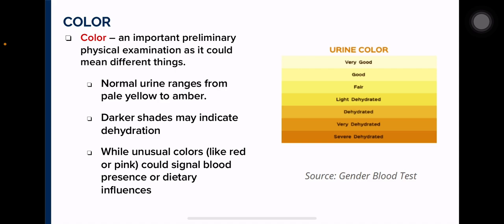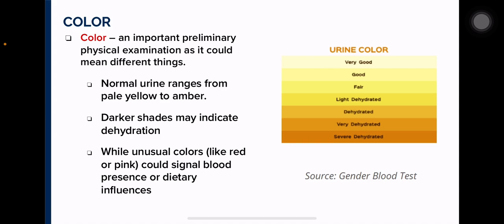Let's talk about the physical properties of the urine. We have the color. Color is one of the first things we look at. Normal urine ranges from pale yellow to amber, depending on dehydration and urochrome concentration of the patient. Darker urine means that the patient is possibly dehydrated.